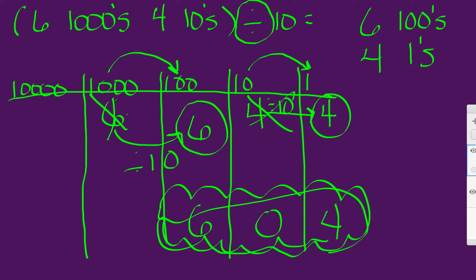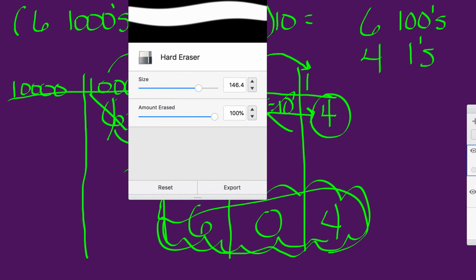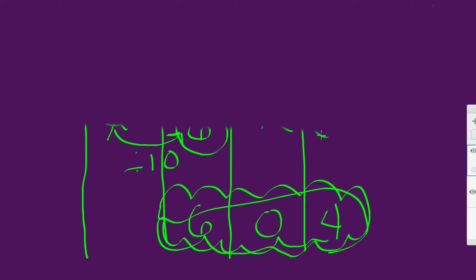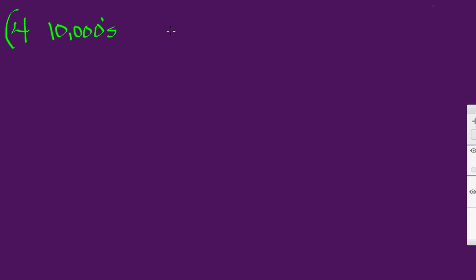Okay, last question on this problem set. I'm not going to do the fourth part. It's a word problem. We're going to just do this last problem here. So you've got 4 10,000s this time and 3 tens. And you're going to divide again by 10.